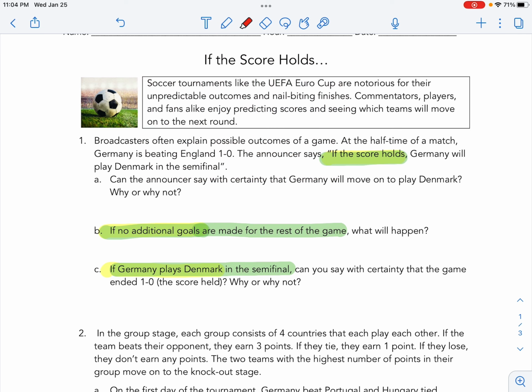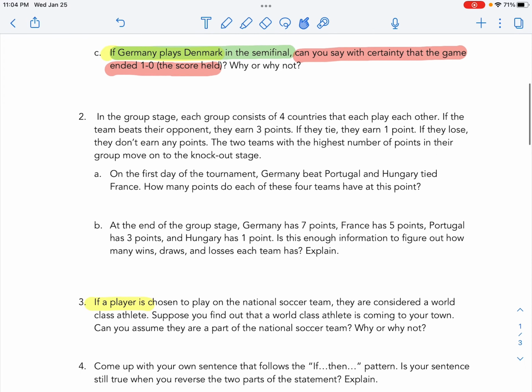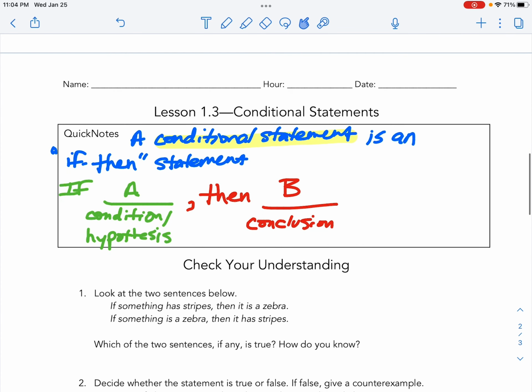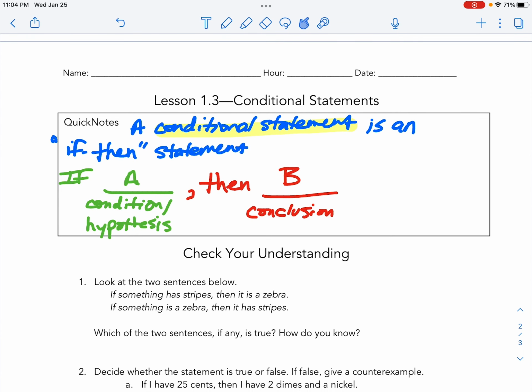Then Germany will play Denmark in the semifinal. Then what will happen? Then can you say with certainty that the game ended 1-0 or the score held in that scenario? So these conditional statements, if-then, most certainly play out that way very frequently, even though sometimes we might have to add the word then in, and that's okay.